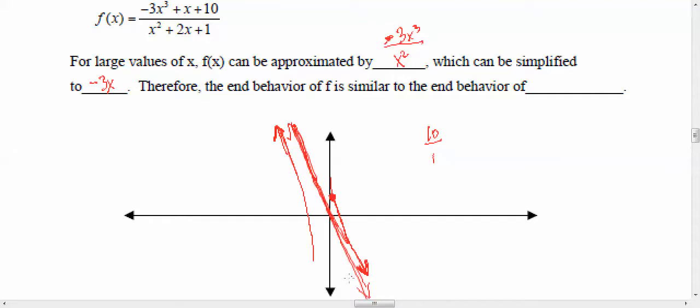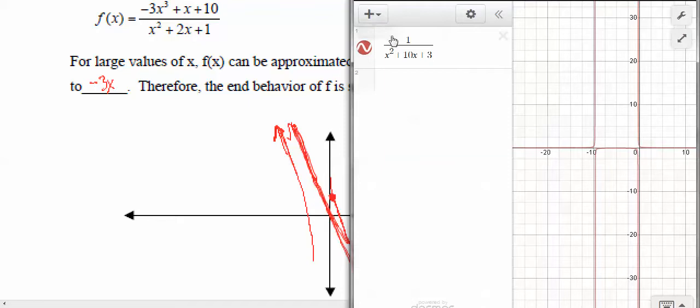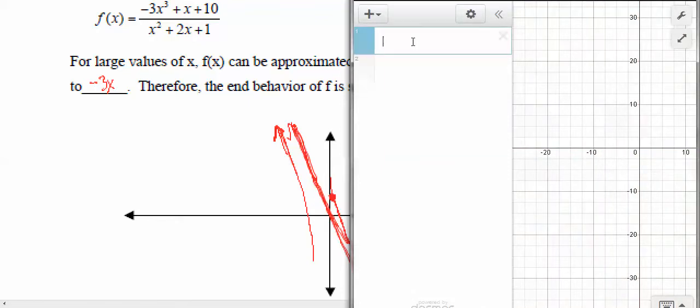I'll tell you what. Why don't I prove it to you and myself, and graph that thing and see what they say. All right, let's try this. Negative 3x cubed divided by negative 3x cubed plus x plus 10.